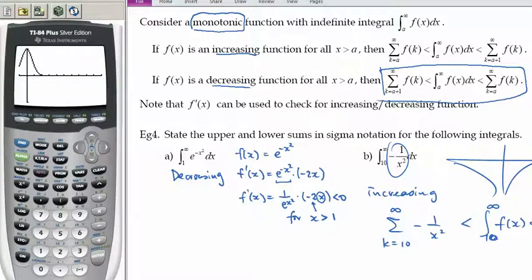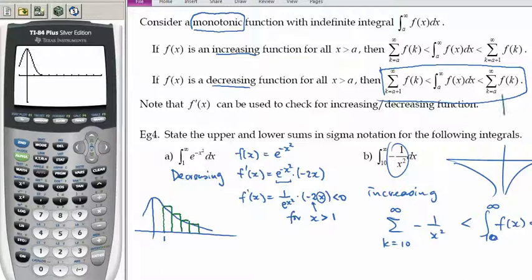lower sum. The upper sum, or the maximum sum, happens when you are using a left-hand Riemann sum. Because for x equals 1, starting on the left hand side, creating your rectangle here, the left hand sum will continue to overestimate the function.